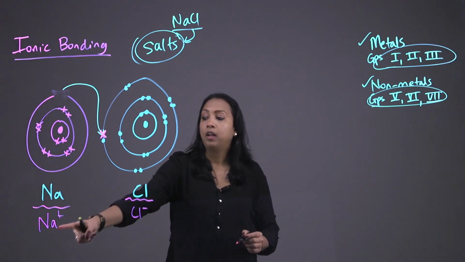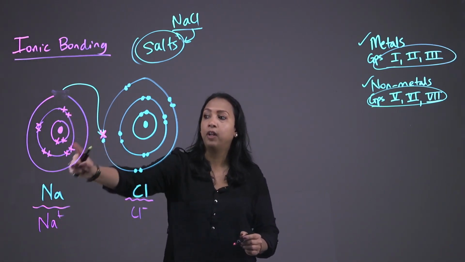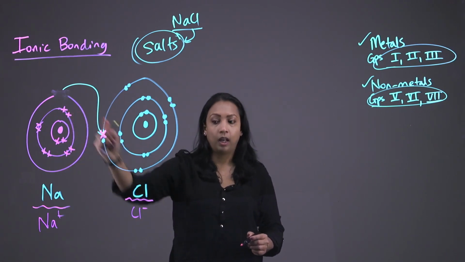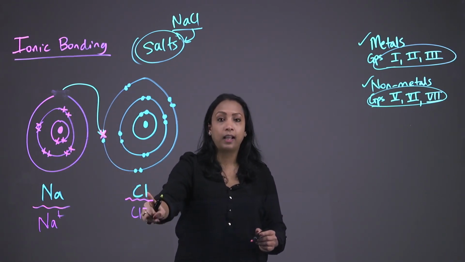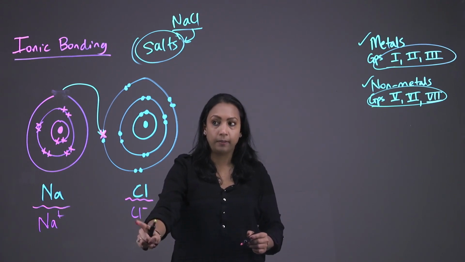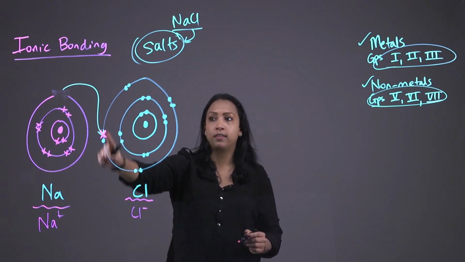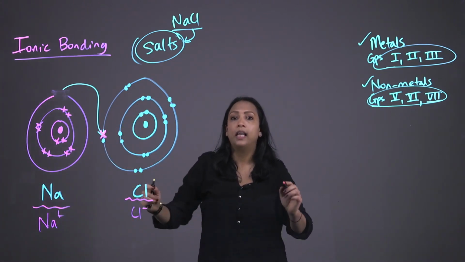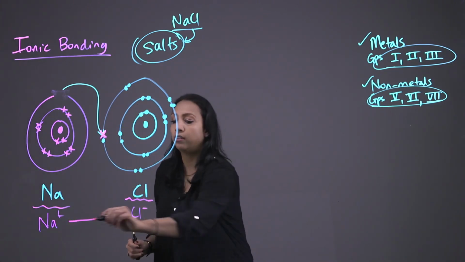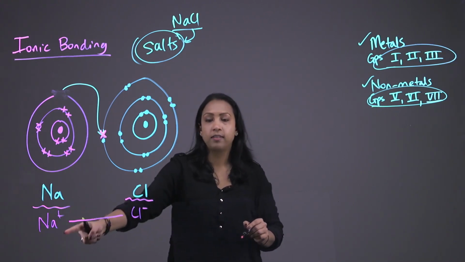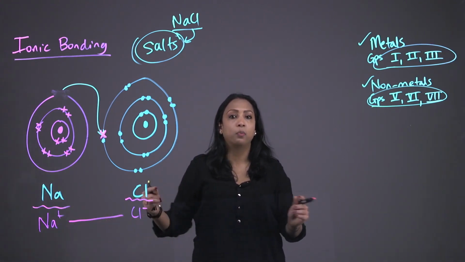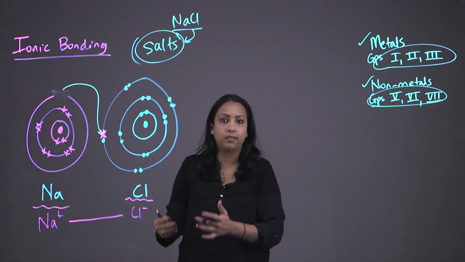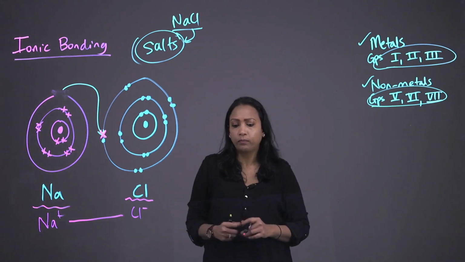Notice now the Na+ ion has a full outermost shell of electrons, 8. And when the Cl atom forms the Cl- ion, it also has the full set of electrons in its outermost shell, 8. So the electrostatic force of attraction between this positive ion and this negative ion is what's holding these two species together. And this is an ionic bond.